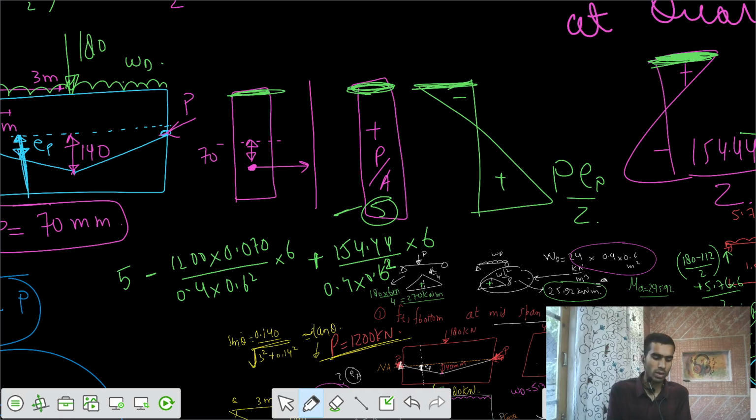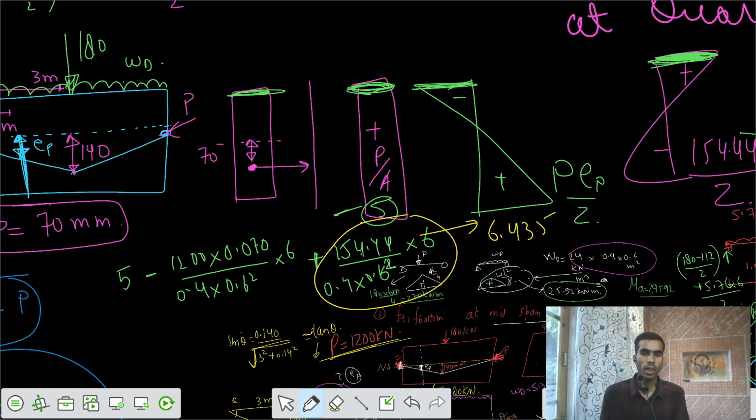Okay. So I would say that is 154.44 into 6 divided by 0.6 square divided by 0.4. That is 6.435. So this part is 6.435. And this part we need to calculate.